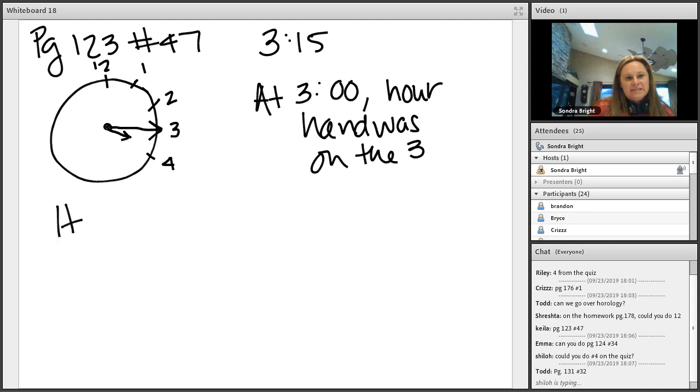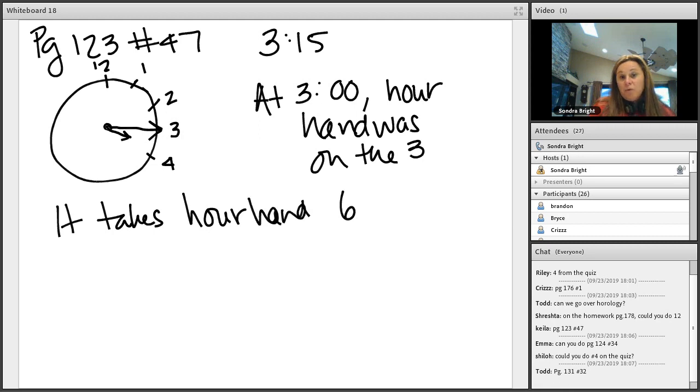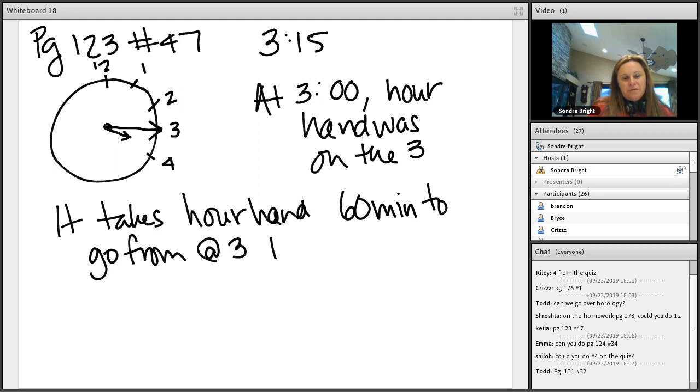And it takes the hour hand 1 hour or 60 minutes to go from pointing at the 3 to pointing at the 4. So it'll take 60 minutes to do it.